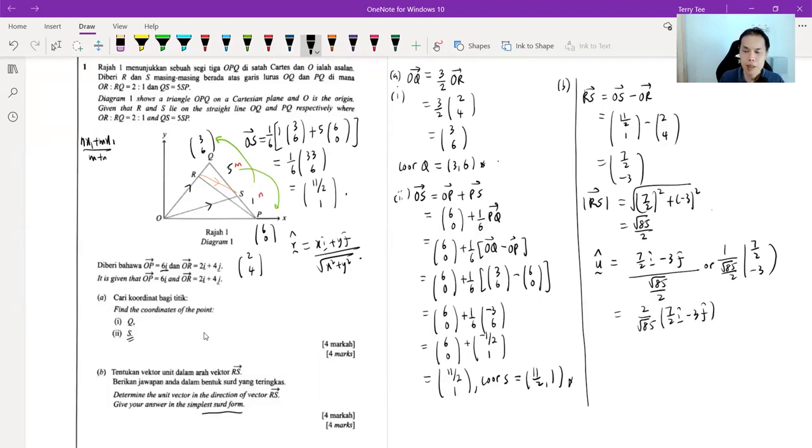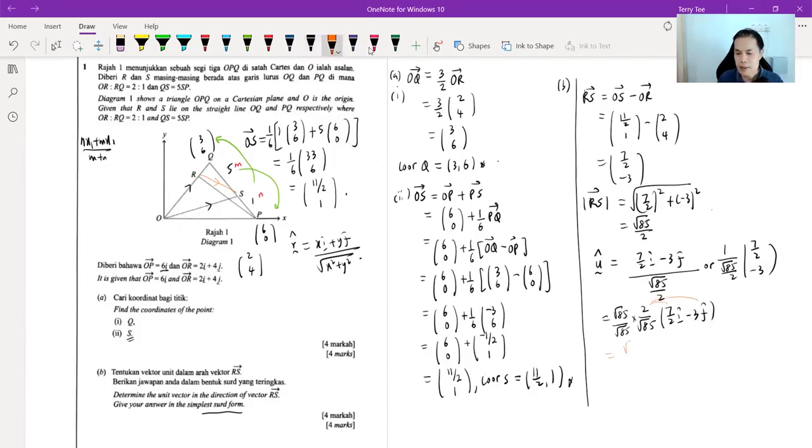Now, this surd 85, we need to multiply top and bottom with surd 85. So maybe I insert here. I multiply with surd 85, top and bottom. As for the 2, I think it's better to just multiply inside because I don't want the 7 over 2 there.